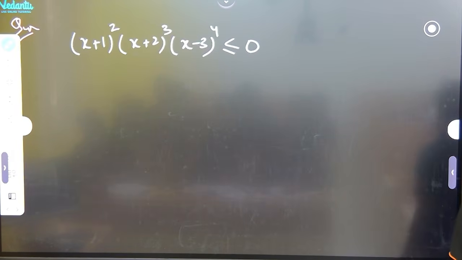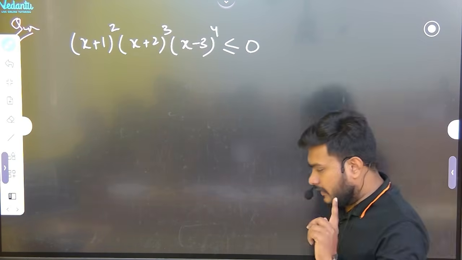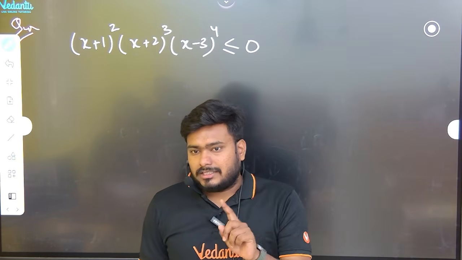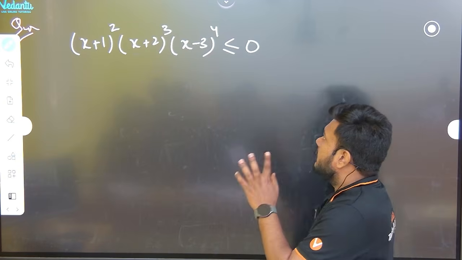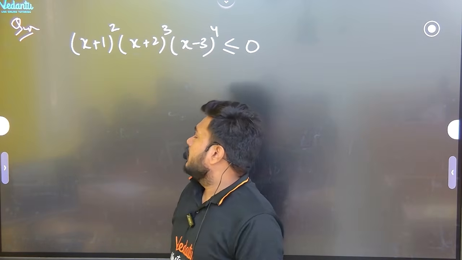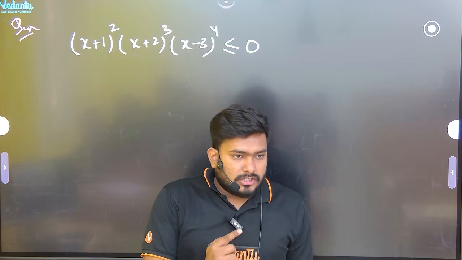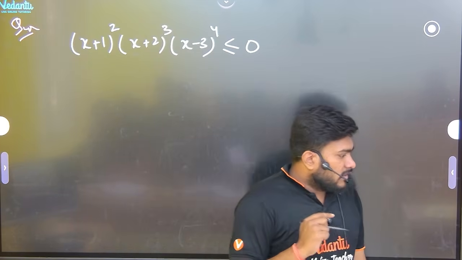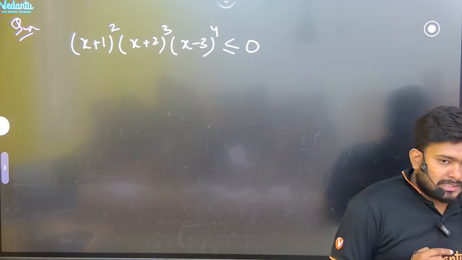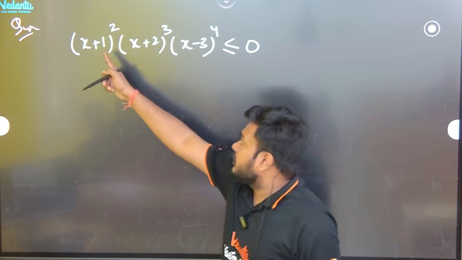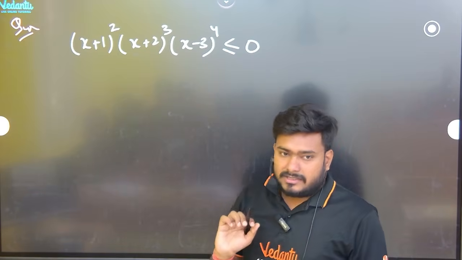Rule number 1. First rule says RHS should be 0. Already 0. No need to worry. Step number 1 says coefficient of variable. Who is the variable? X. Coefficient of variable must be positive. This is positive. No worries.